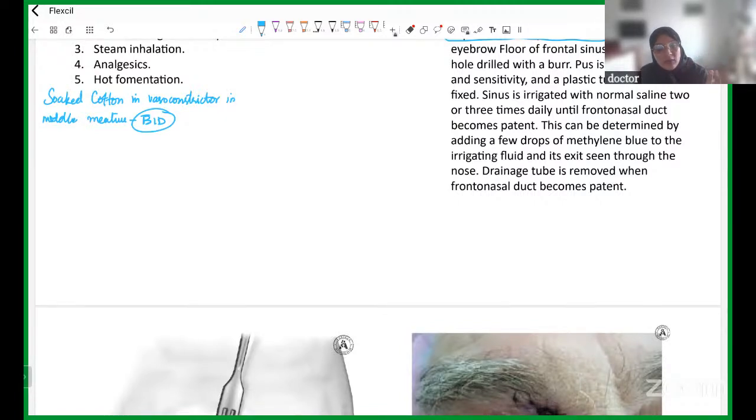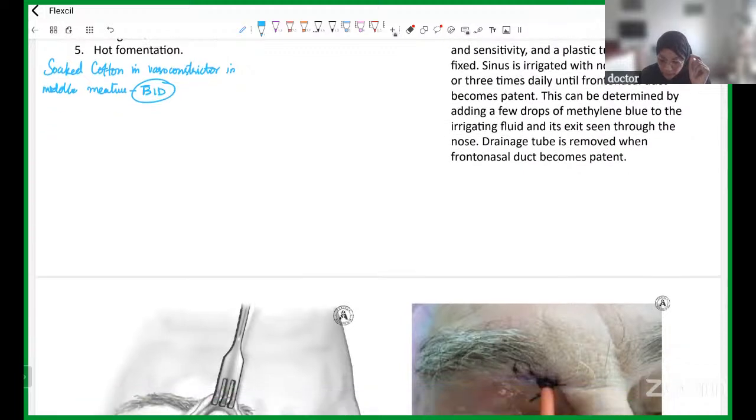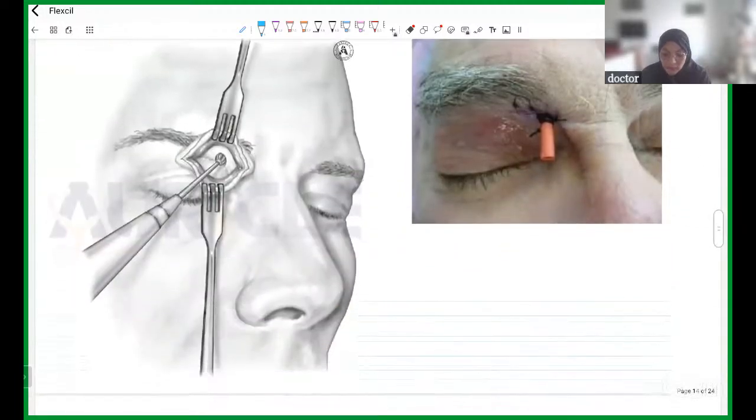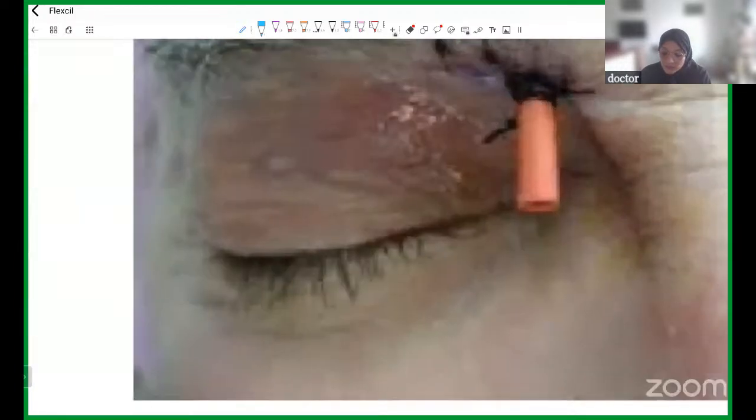This can be determined by adding a few drops of methylene blue to the fluid to see if it is exiting or not. So if you see here, you're making an incision, right? And then in the end, they place a tube.